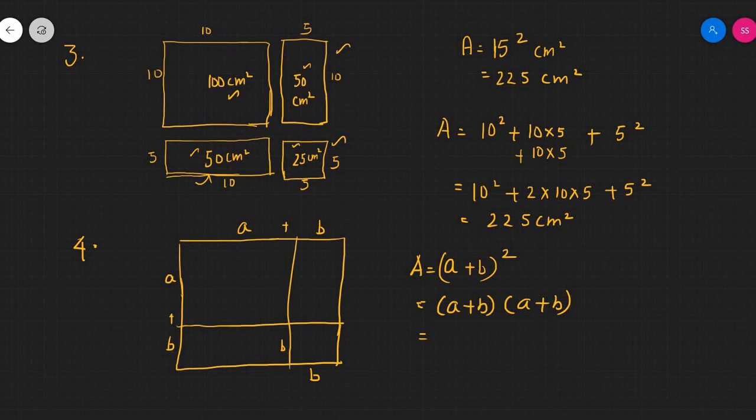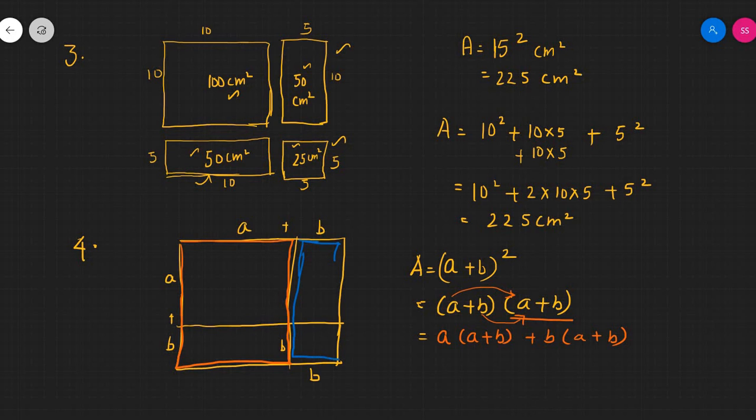You can write this as a into a plus b. You can take this as 1 unit, and you can multiply that by that, plus b into a plus b. So that's basically this part here, a into a plus b, and then you have the other part, which is b into a plus b.